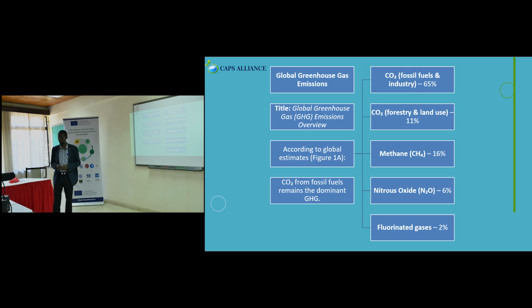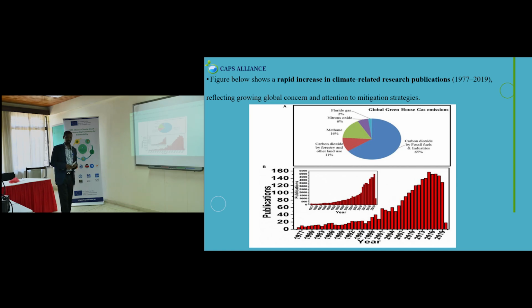So we move on to the next one. Now, these are the percentages that you can actually see. Fluorine, as you can see, is about 2% of what is produced all over the world. This is all the data, it's not very recent. Then we have methane, about 16%.